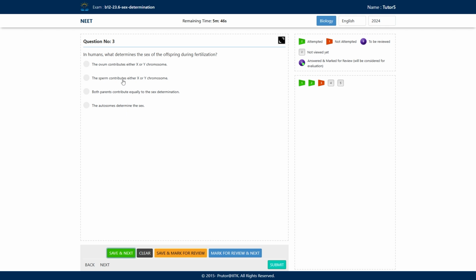Alright, the correct answer will be option number B. The sperm contributes either X or Y chromosomes. The males have X and Y chromosomes. Half of the sperm will have X chromosome, half of the sperm will have Y chromosome.